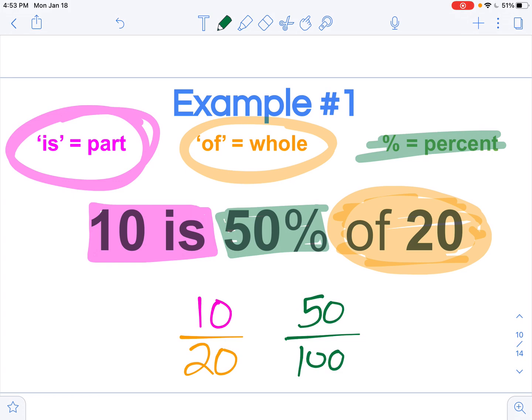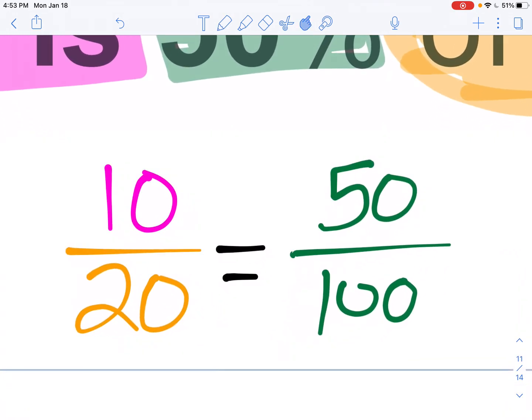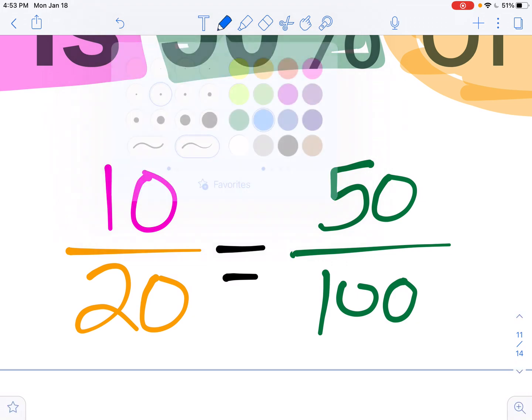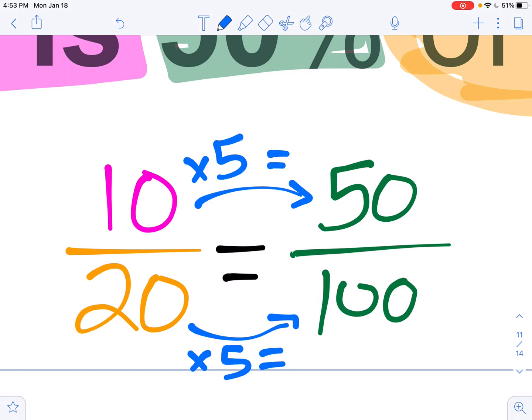So if this is a true statement, if 10 is 50% of 20, I should be able to write an equals in between these two and prove that it's true. Well, I could draw an arrow between the 10 and the 5 and say 10 times 5 equals 50. And then I'd have to put that same arrow, times 5 equals, and I can double check here.